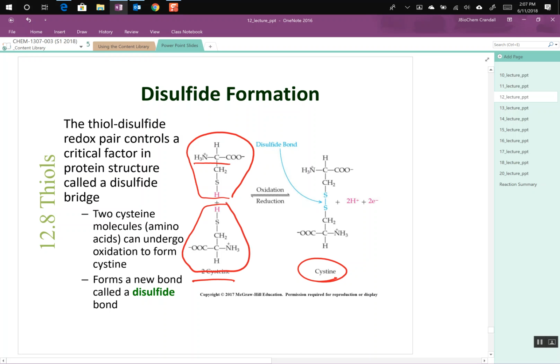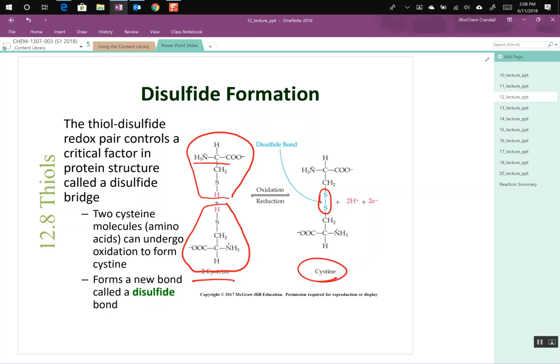And what happens is when one cysteine comes in contact with another cysteine, they react together, and they actually form what we call a sulfur bridge, or a disulfide bridge. And that linkage is really important in the structure of proteins because it links pieces of folded protein in place.